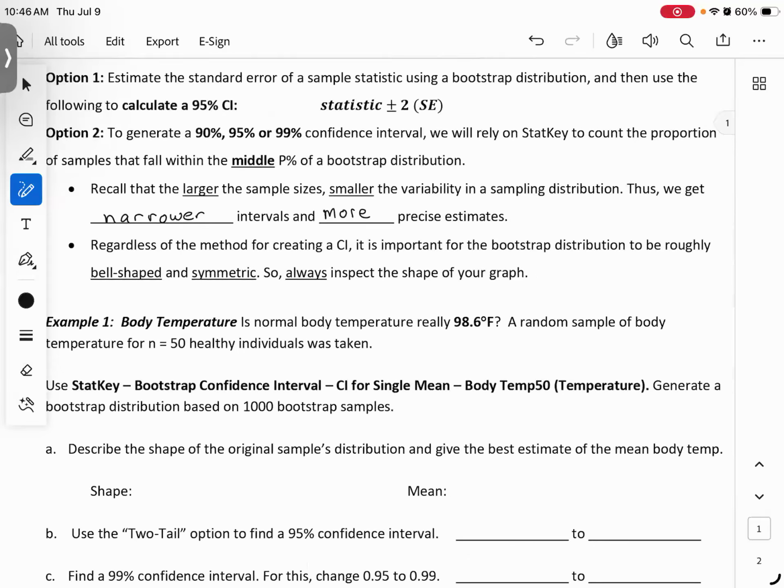Now, one other thing it mentions, which is not going to be a huge thing for us: from time to time we will be checking what are known as conditions. That's probably a bigger deal if you go on to Stats 2 or some higher level statistics. But they do say that before you decide to bootstrap, you should check that your original sample doesn't show any major skewing. That is often a red flag for it possibly being biased.